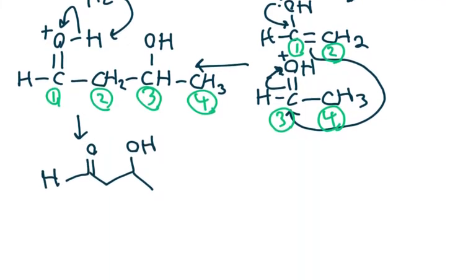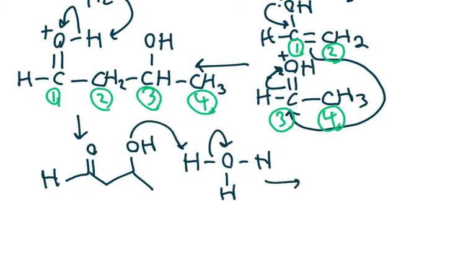Okay, so just like we did a base catalyzed elimination or dehydration, we can do an acid catalyzed dehydration. So in this one, if we have an acid, we can make this leaving group easy to leave. It can leave, and we can get a carbocation.